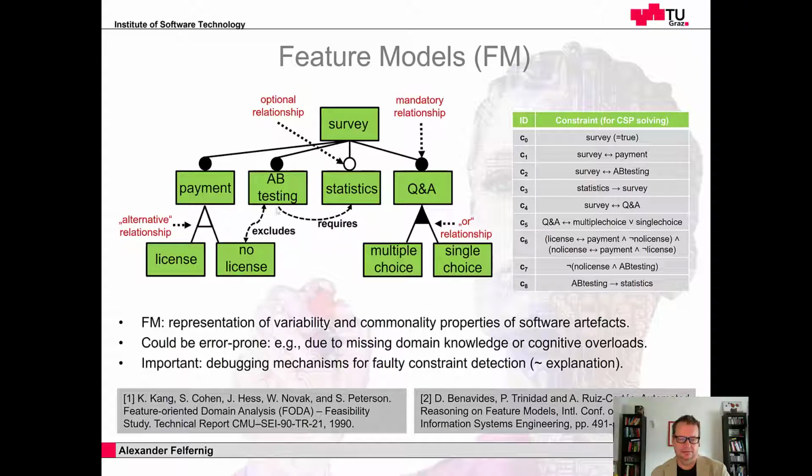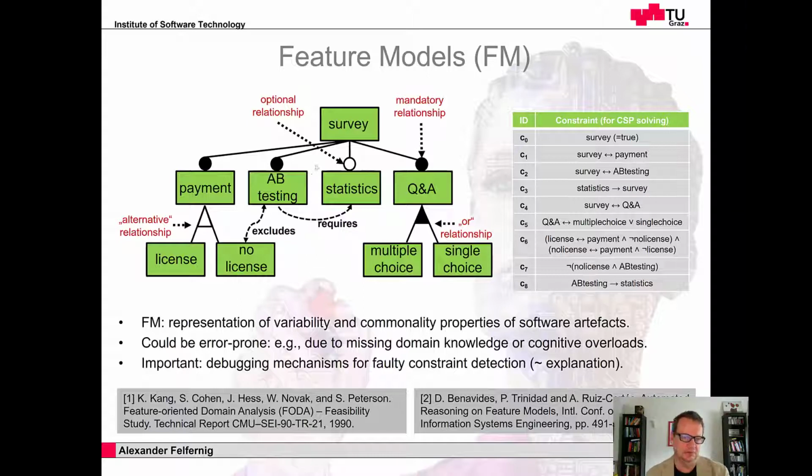And then there is a second cross-tree constraint which specifies the requires relationship. So A/B testing requires the inclusion of the statistics component. Such feature models can be translated into a corresponding formal representation, for example, a constraint satisfaction problem. So we can do constraint solving or complete different constraint solving tasks for feature models.